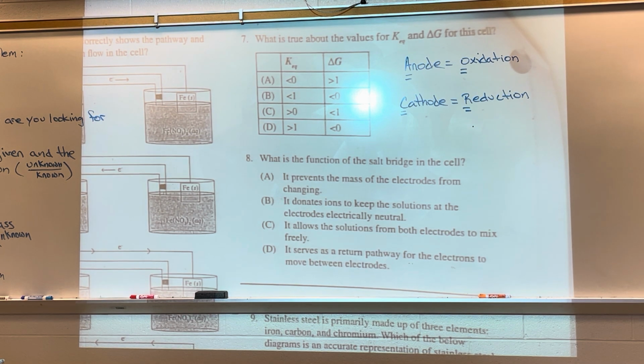So the anode is always defined as the electrode where oxidation is taking place. In this cell, which one, the iron or the silver, is the oxidation taking place in? In the iron. So the iron would be the anode, the silver is the cathode. Just remember, vowels go together, consonants go together. Anode, oxidation, cathode, reduction.